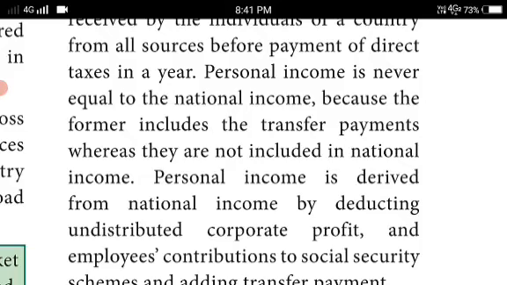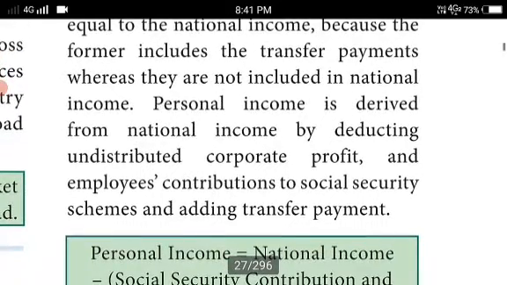So personal income is derived from national income by deducting undistributed corporate profit. This is a very important one. The corporate companies having a large amount of profit, which is undistributed profit, and employees' contribution to social security schemes are deducted, and transfer payments, which are not included in national income, are added.